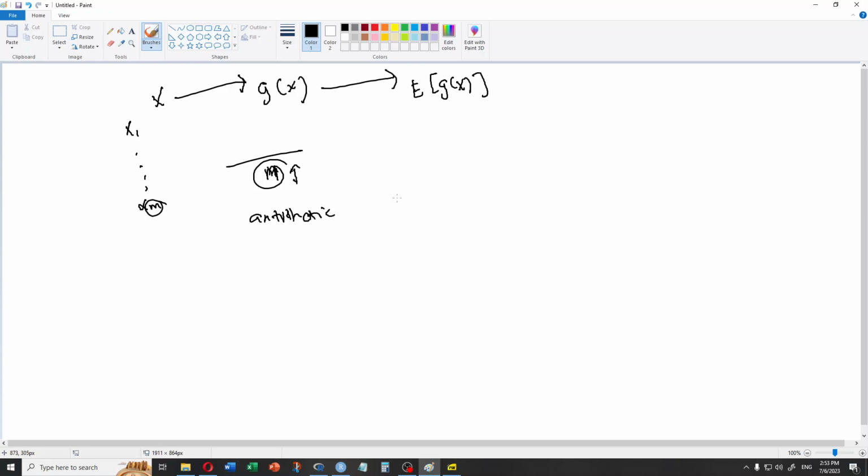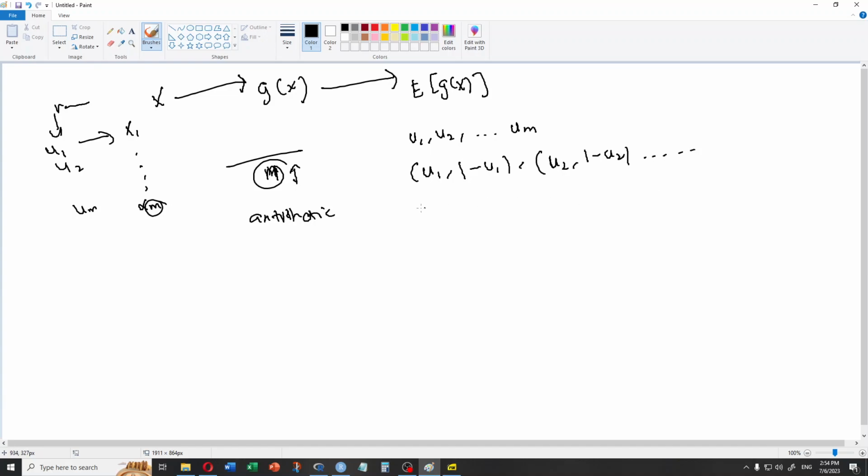Instead of having individual u1, u2 until um, where u is the random variable, maybe we can have a pair, like u1 and 1 minus u1, as the first pair, and then u2 and 1 minus u2, and so on. Let's see what benefit we can get by having this pair instead of just the individual u.